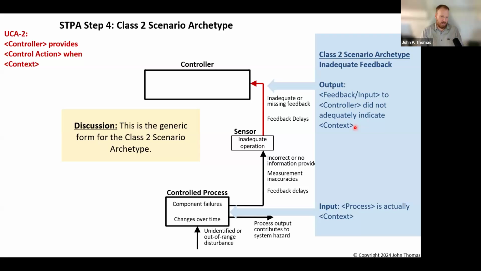So that's fantastic. It exceeded all of our expectations. Just coming up with this question, how can this process be in this state, but the feedback says this? Or the feedback is delayed. And I'll show you those categories in a moment. I actually already showed you previously those categories. It's the same categories from the UCA.